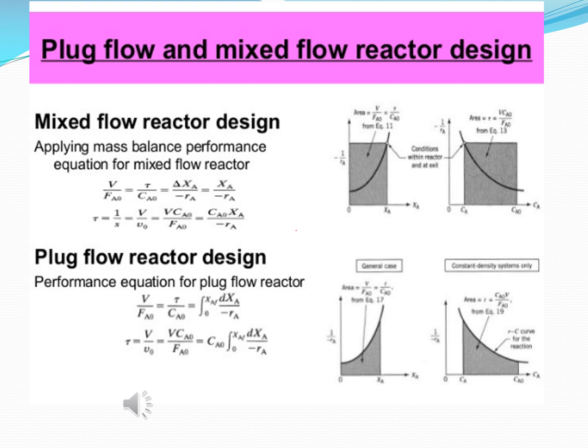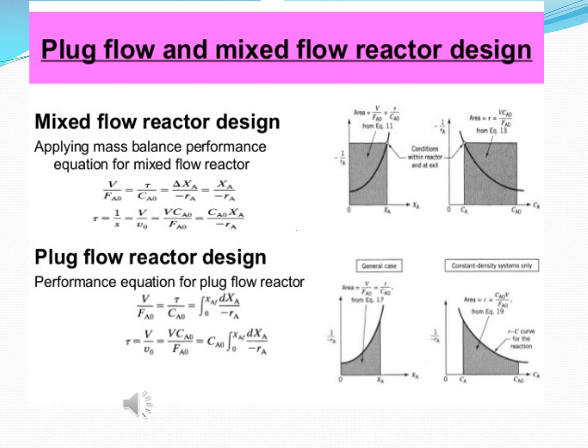And for the plug flow reactor it is the same, but the only difference is that we have to solve the integration between dXa and minus Ra, and tau over Ca naught on the left hand side is the same, so we have to perform the integration here.